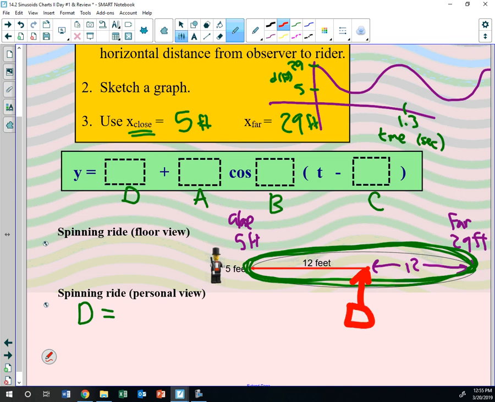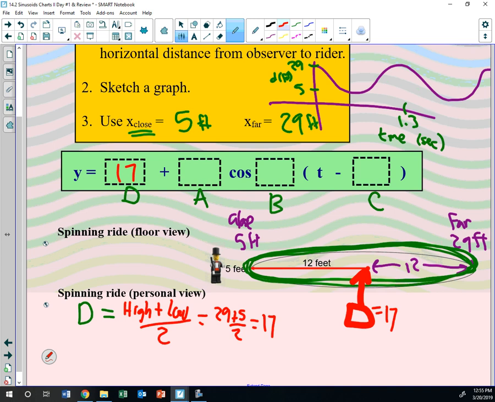To find D, you take the high plus the low, and divide by 2. In this case, it's 29 plus 5 over 2, which is 34 over 2, which is 17. D is 17. That's the middle. Duh, 5 and 12 is 17.